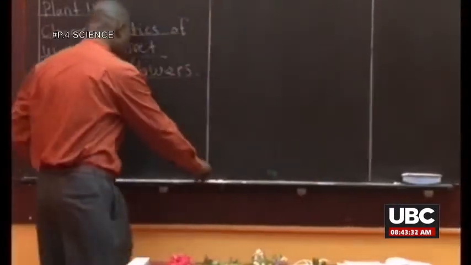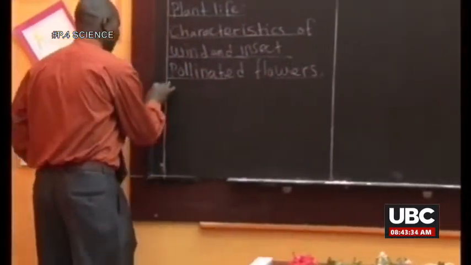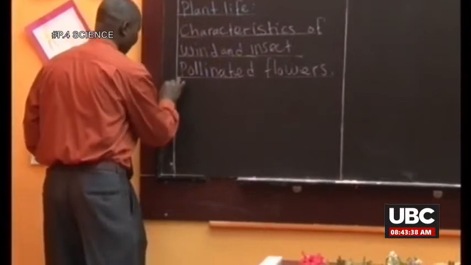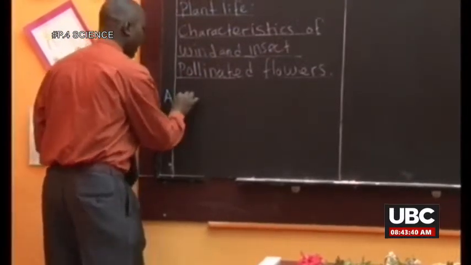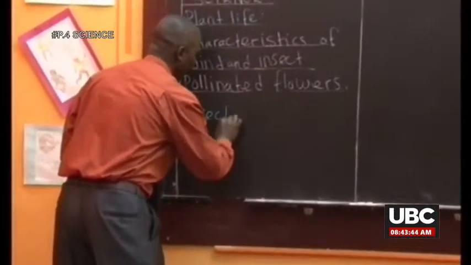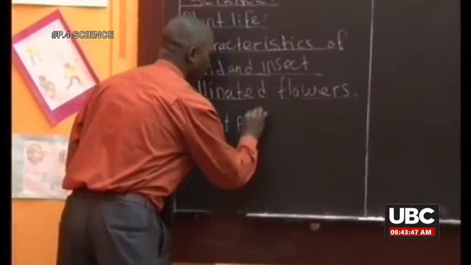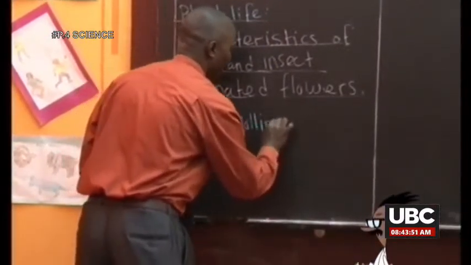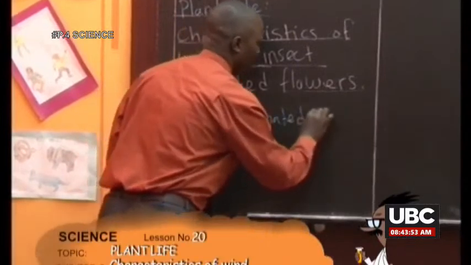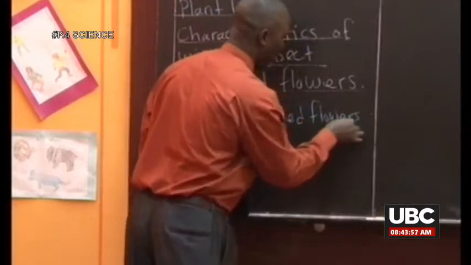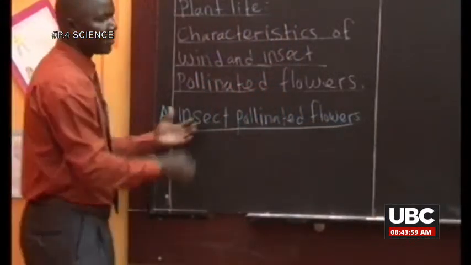Children, our point number one, the first group, let's call it A. Let's begin with those we are calling the insect pollinated flowers. How do they look?